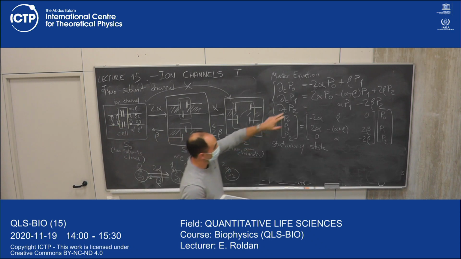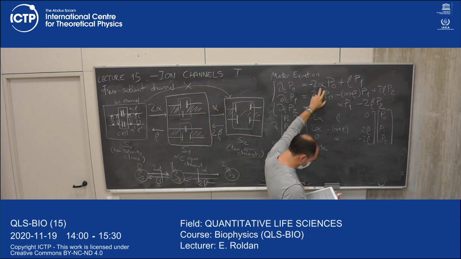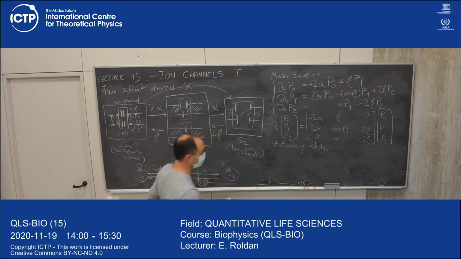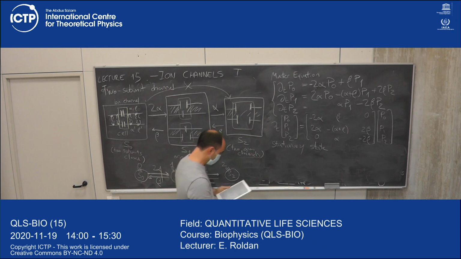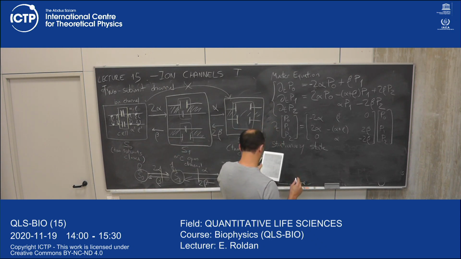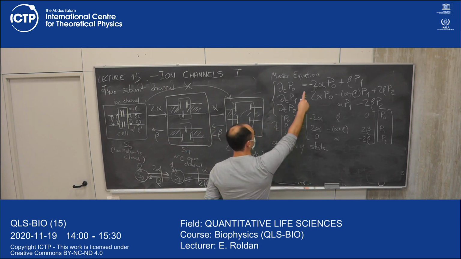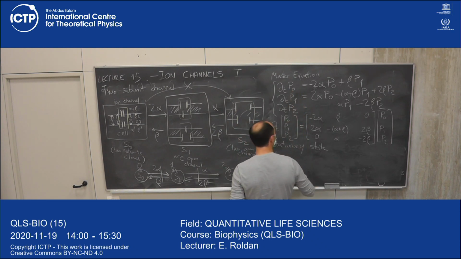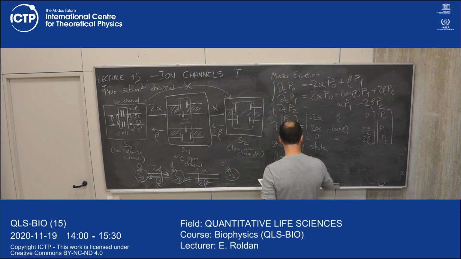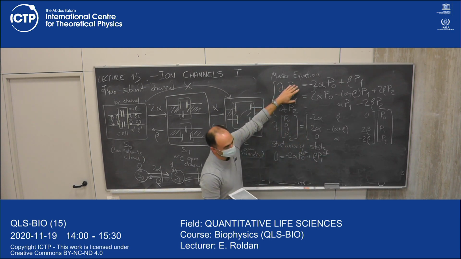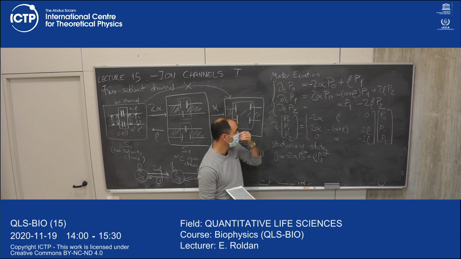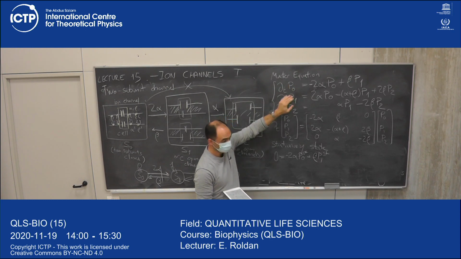You can also see it from here. So this is the net current through this link, and this is 0 in the stationary state. Yes, I can also say this is equal to 0 in the stationary state. So 2 alpha P0 plus beta P1 in the stationary state. All I'm doing is I take this, and I say that when time is long, this doesn't change anymore.